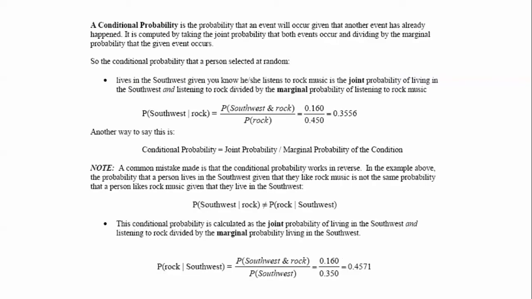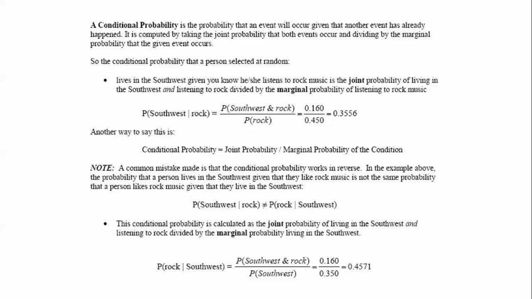Okay? Now conditional probability. This is a little bit tougher to understand, but on a table it's easier to see. A conditional probability is a probability that an event will occur given that another event has already happened. It's computed by taking the joint probability of both events and dividing it by the marginal probability of the conditional event.